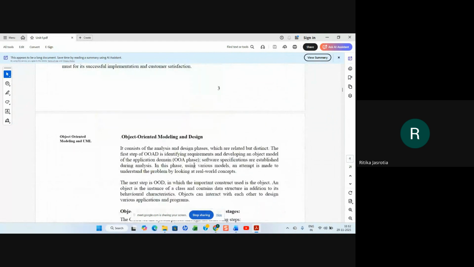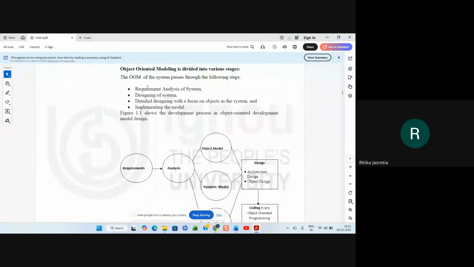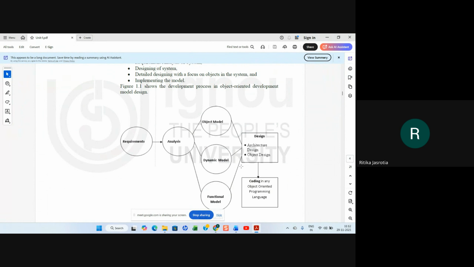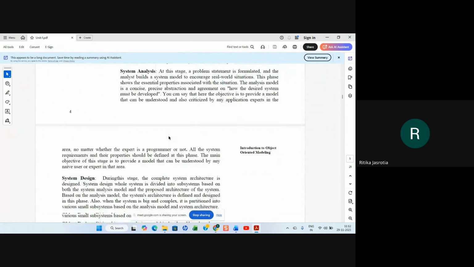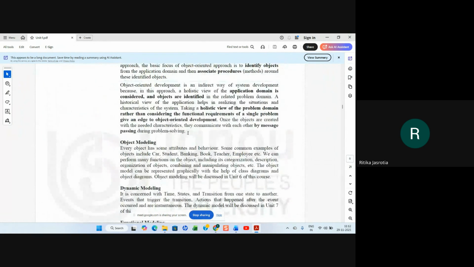And object oriented modeling is divided into various stages: requirement analysis of the system, designing of the system, detailed designing with a focus on objects in the system, and implementing the model. So this is your diagram for object oriented modeling. So this can also be asked to you, right?